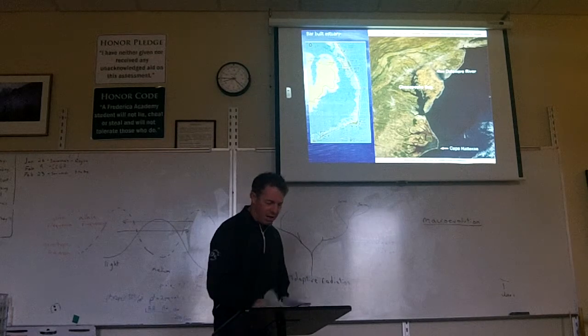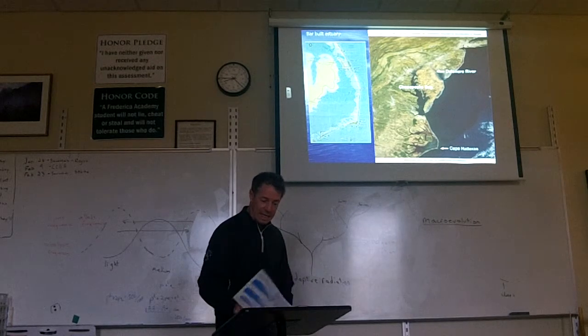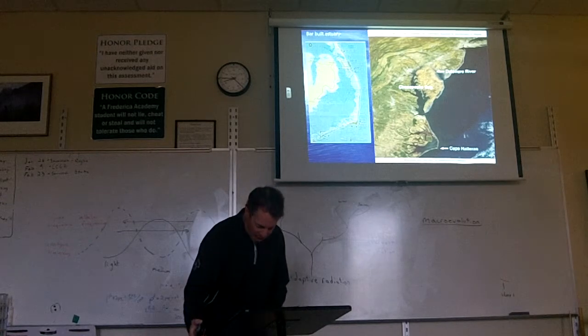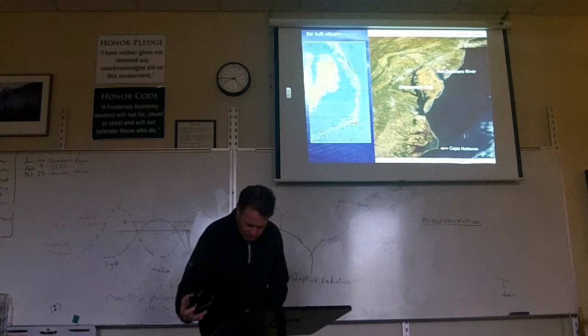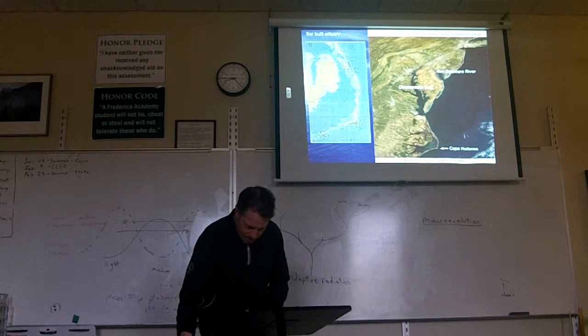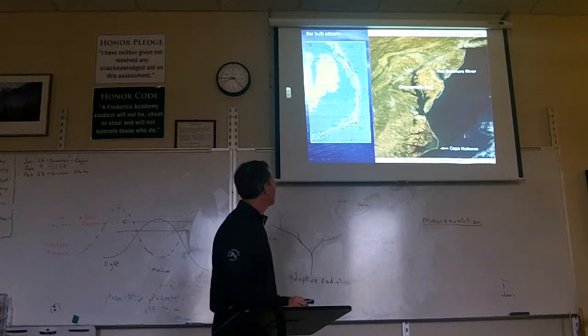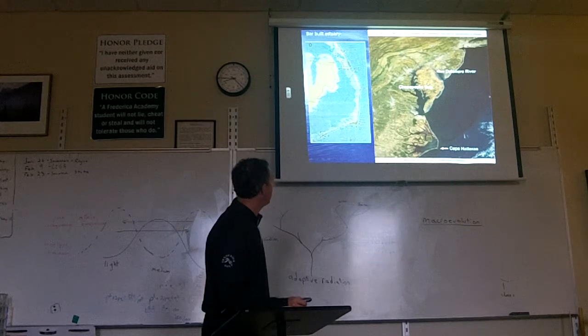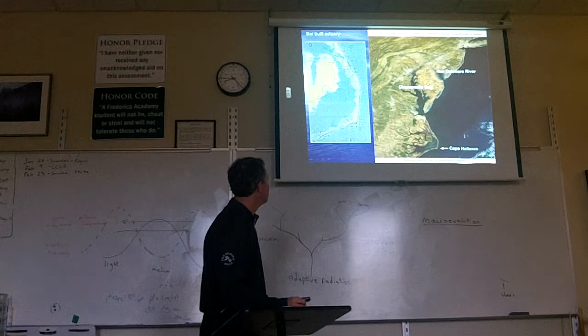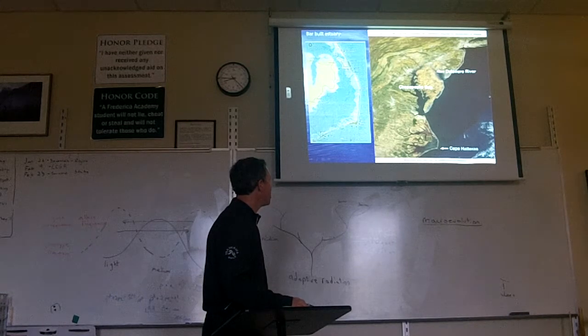But the islands are called the, can't remember the name, the Outer Banks. Kitty Hawk, where the Wright brothers flew, was on these islands. And they're kind of like our island, St. Simon's.